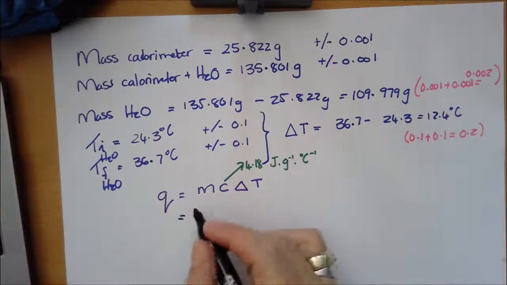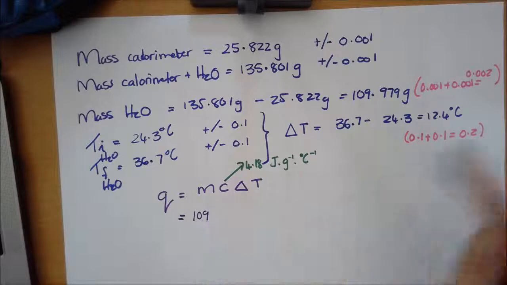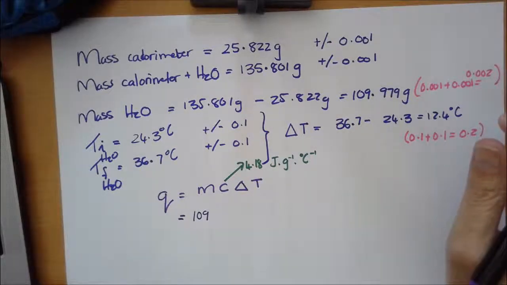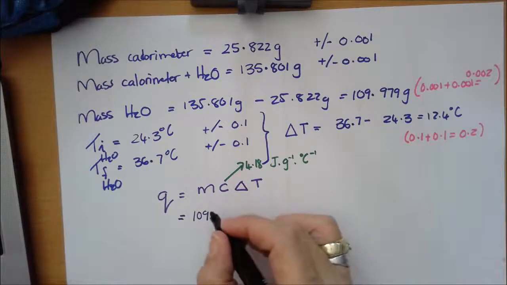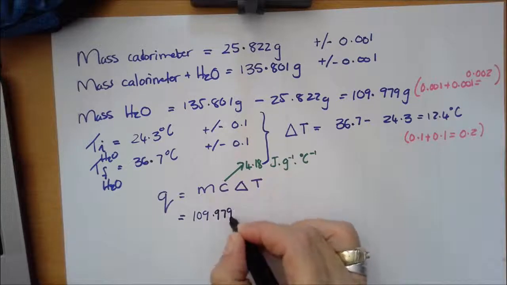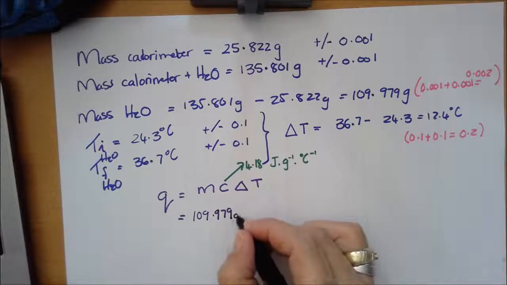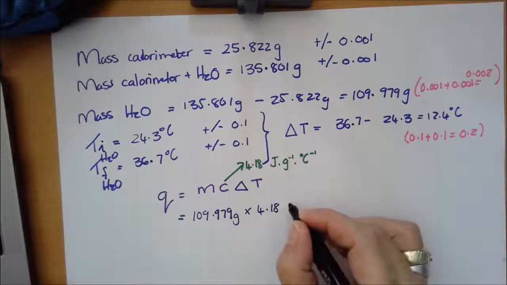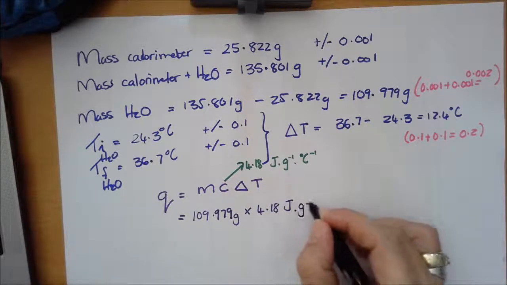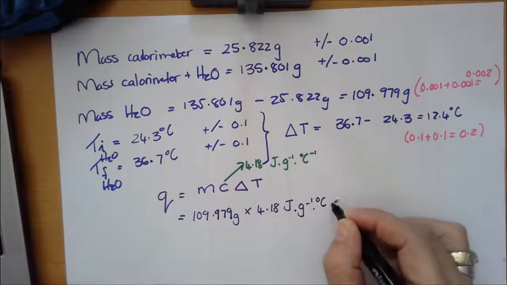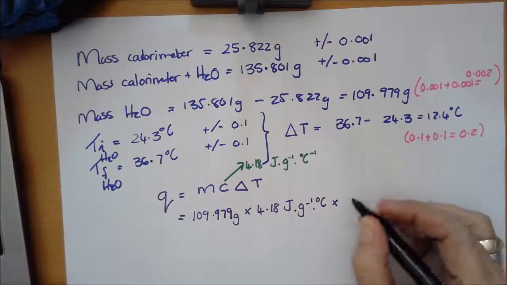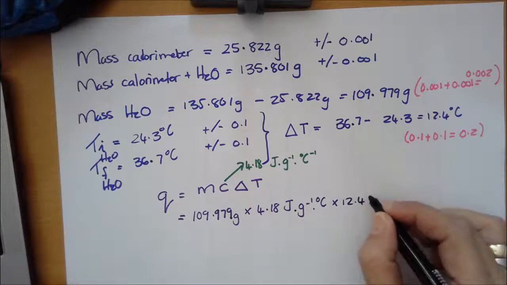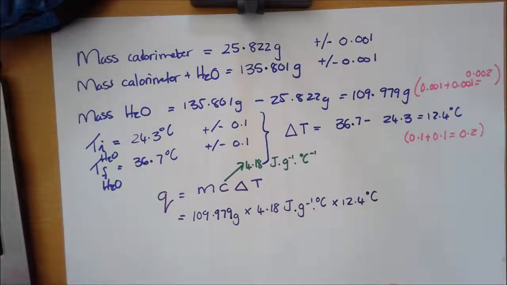The mass of my water was 109, and now I don't include my uncertainties in my calculation. It's 109.979 grams multiplied by 4.18 joules per gram per degree Celsius multiplied by a change in temperature of 12.4 degrees Celsius, right?